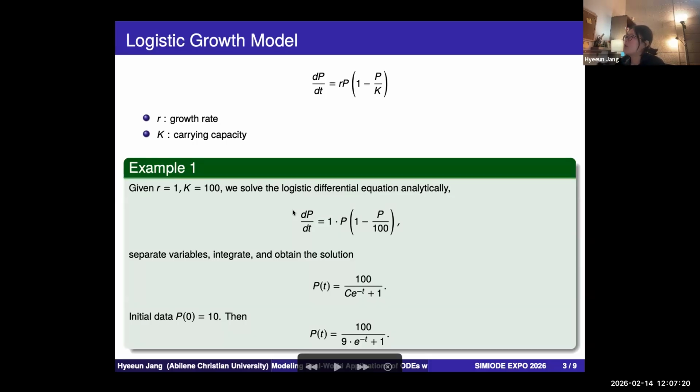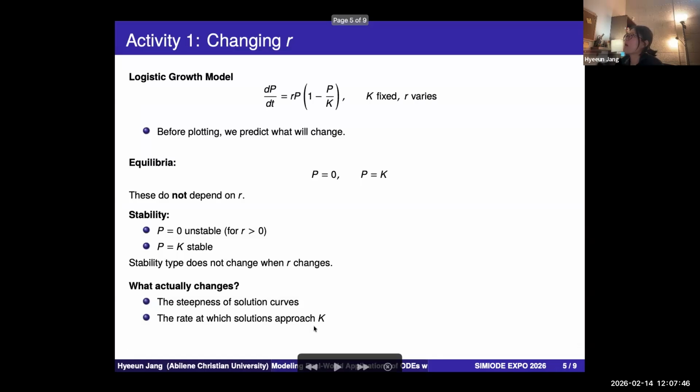So here is an example. I give them the natural growth rate and the carrying capacity, and we were able to solve this equation by hand. I also gave the initial condition, with the value 10, so we got this particular solution. Using the solution we just got, we did the activity of changing parameters.